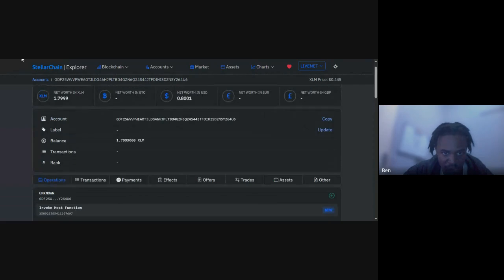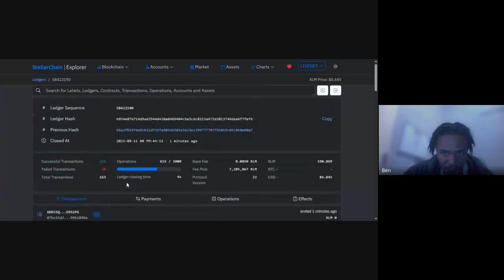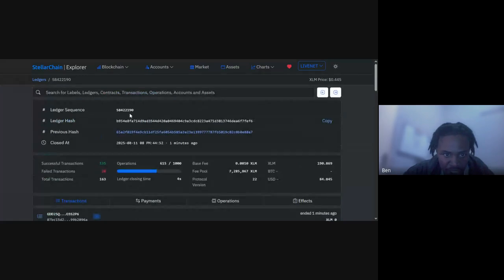Let's go back. Now we are in the ledger that ends with 90, and we want to go to the ledger before this. You want to confirm that the previous hash indeed ends with 88A7. 88A7, that's the previous hash.